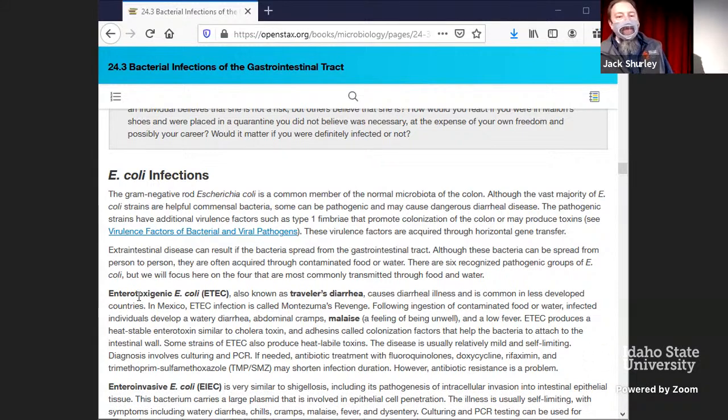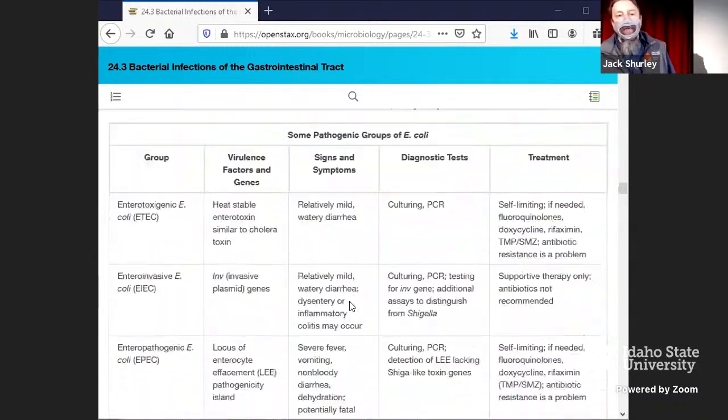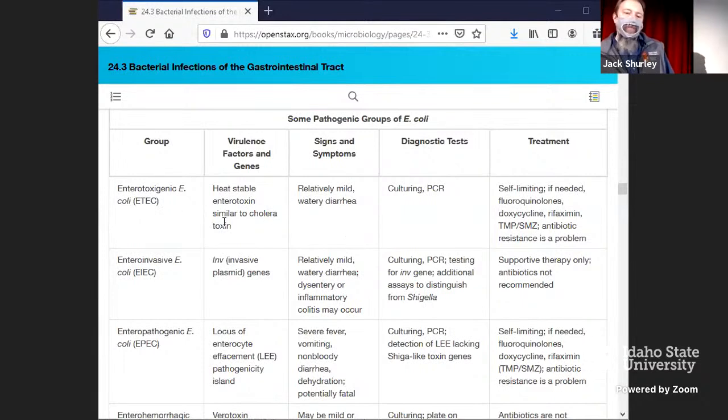So the enterotoxigenic, ETEC, is traveler's diarrhea. That's something that is relatively common, and it's right here. I'm going to scroll back to this table because it's a little better to just put it all right in here.